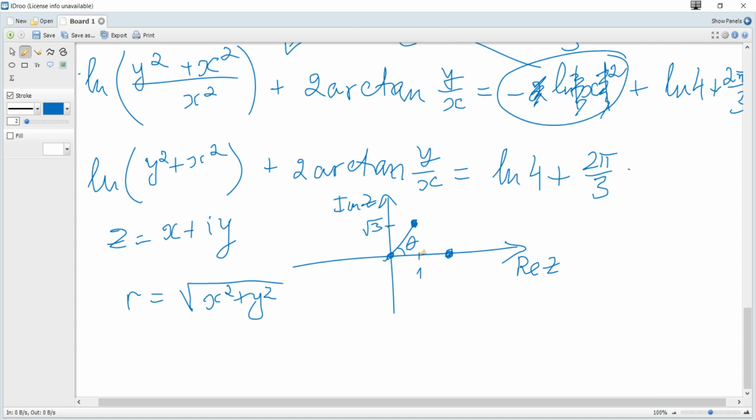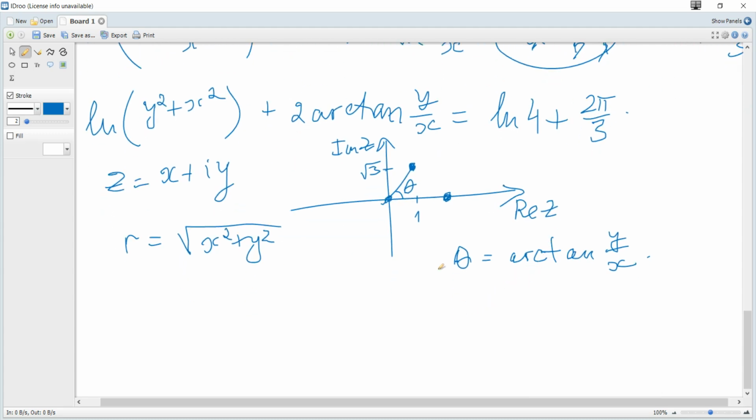It's very important that since this complex number is in the first quadrant, theta, which is the argument of this complex number, is just arctangent, because we can see tangent is root 3 over 1, which is y over x, so theta is arctangent y over x, and it's true only for the first quadrant.